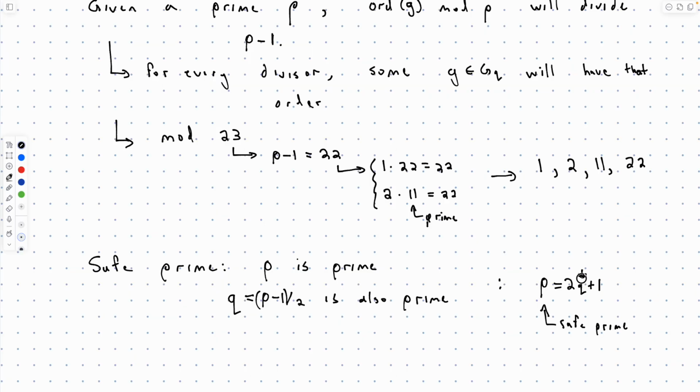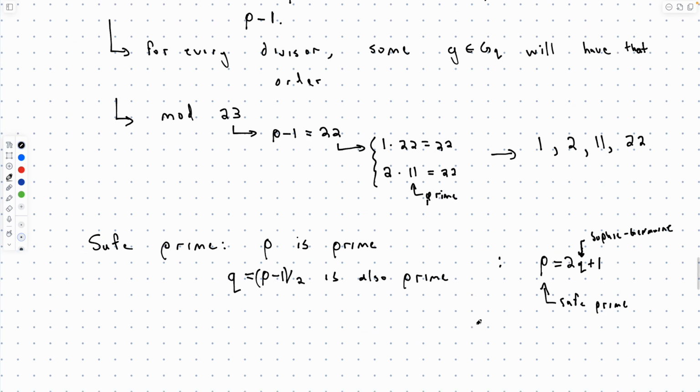The smaller prime, the q prime, is called a Sophie-Germain prime. These are number theorists who discovered early laws about prime numbers back in the Middle Ages, and so we name things after them. But the terminology doesn't matter.